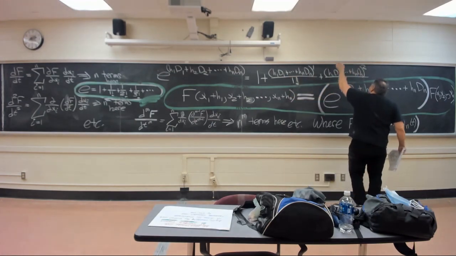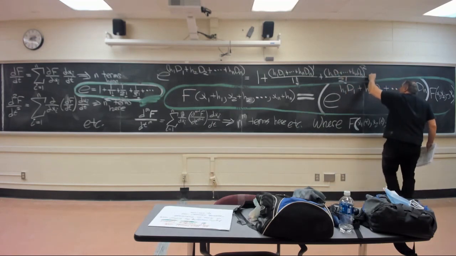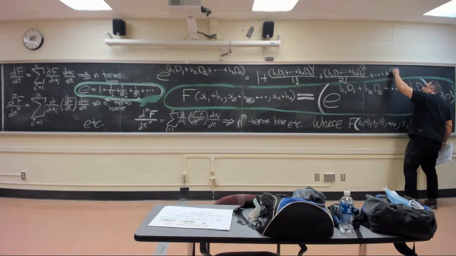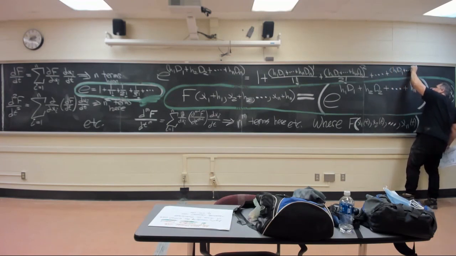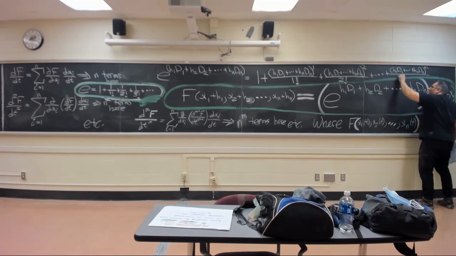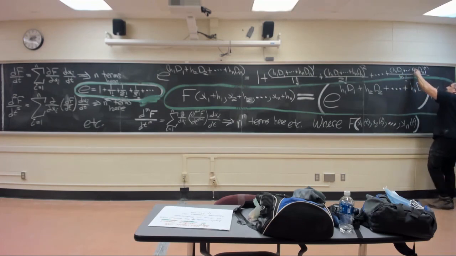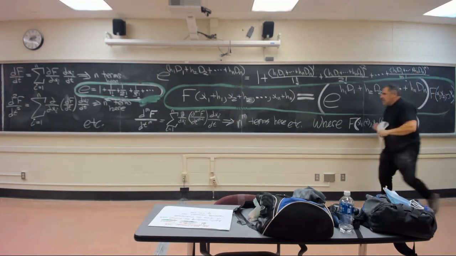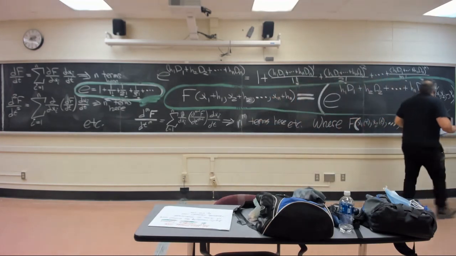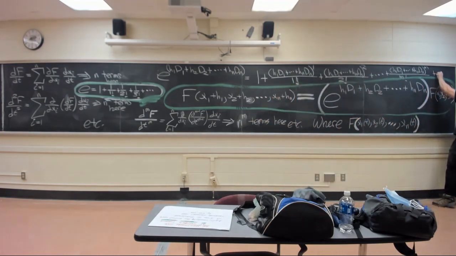This thing squared is n squared terms. This right here, H1 D1 plus dot dot plus HN to the m over m factorial. This is indeed n to the m terms plus dot dot going on forever.